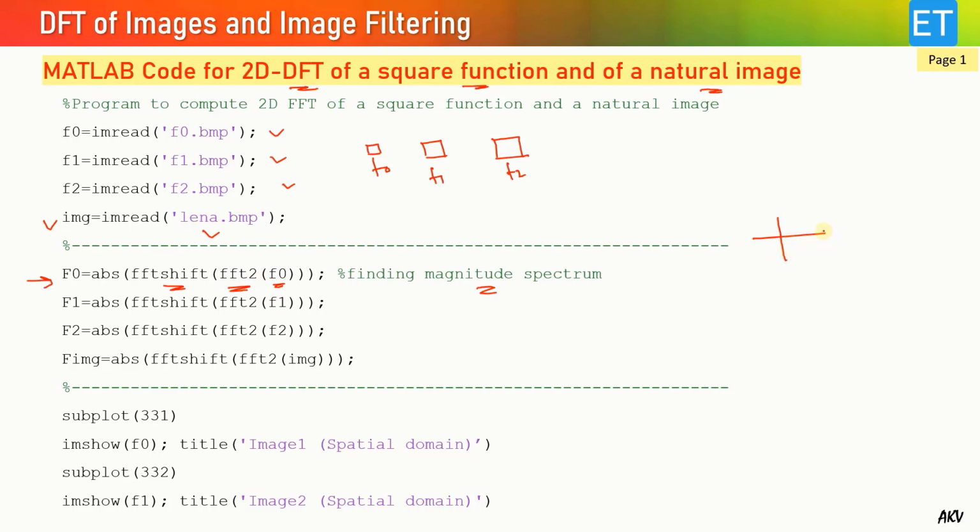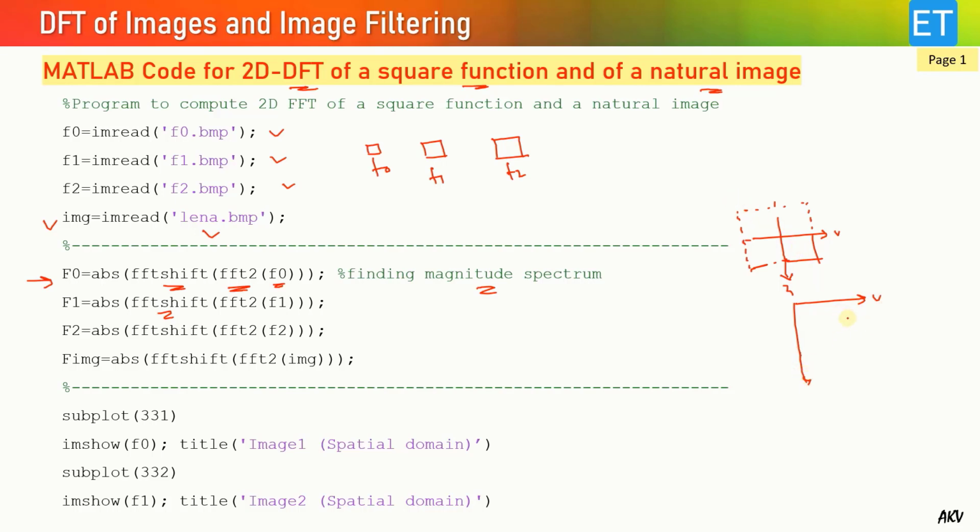As per the convention, let's say this is the v axis and this is the u axis, we get only one quarter of the complete spectrum for visualization. So if we shift this into the center, we can get a complete spectrum like this.